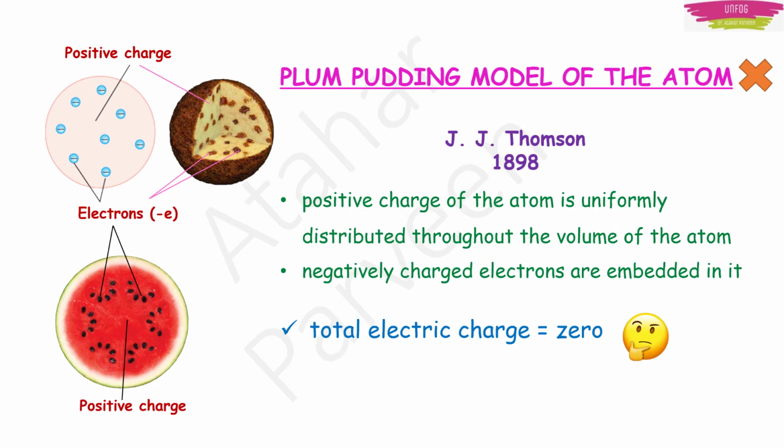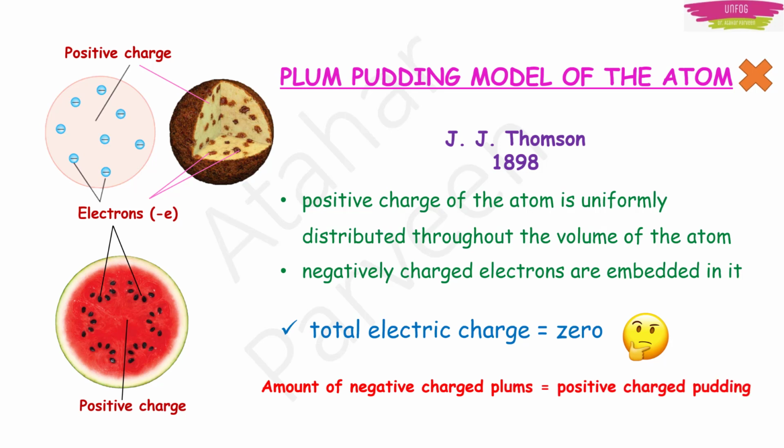So the total electric charge of an atom should be 0. But is it possible that the total electric charge of this atom will be 0 if you have fewer electrons and more protons? That is not possible, right? That will be possible only when the amount of negatively charged plums is equal to the positively charged pudding part. Correct?